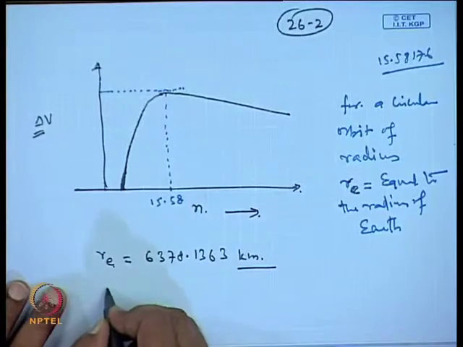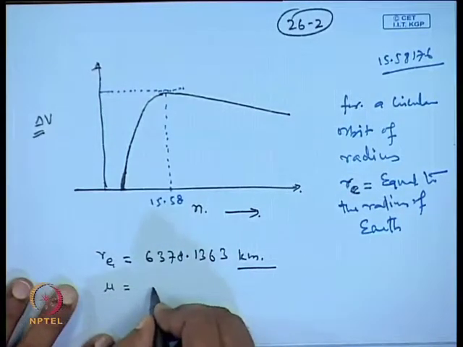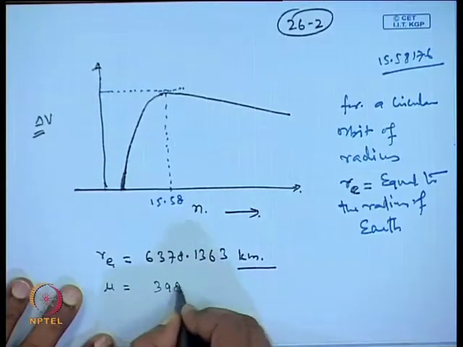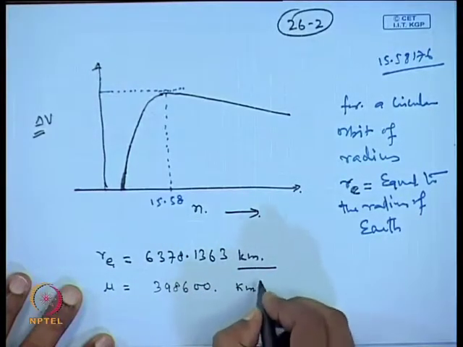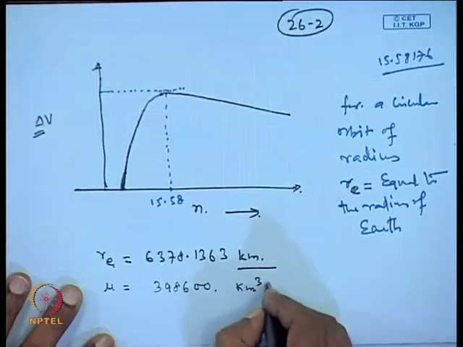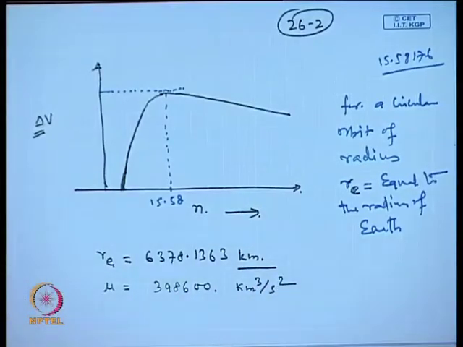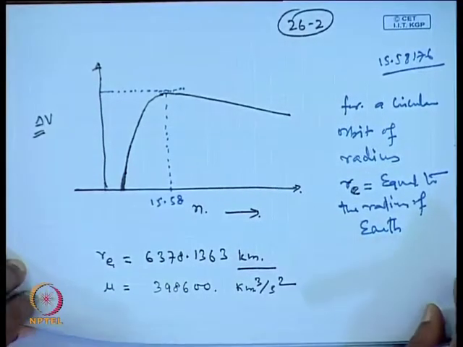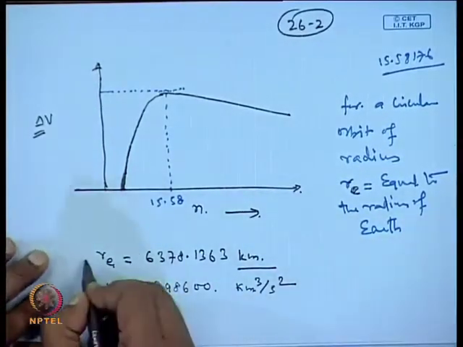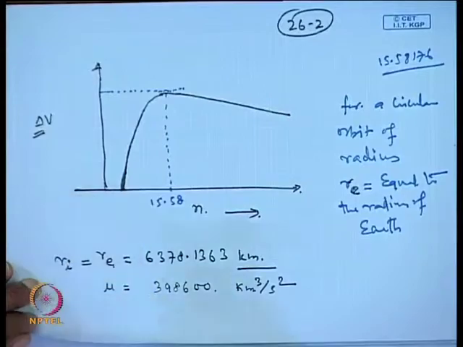The value of mu for the earth is 398600 kilometer cubed per second squared. So, this constitutes your initial radius.